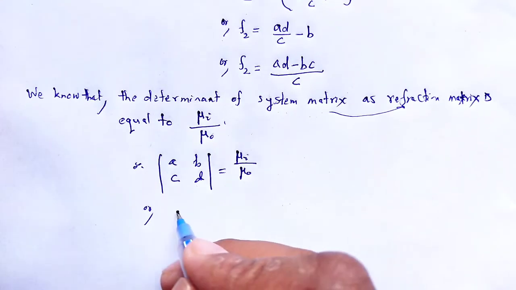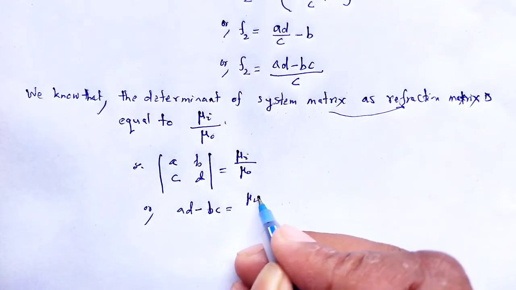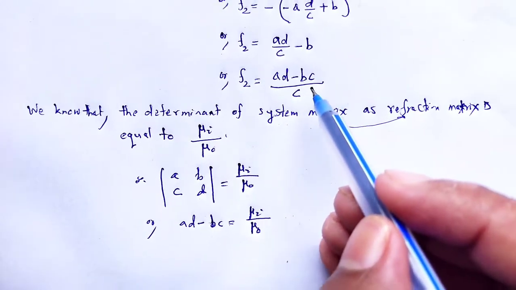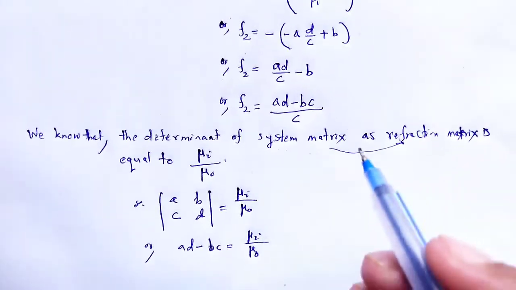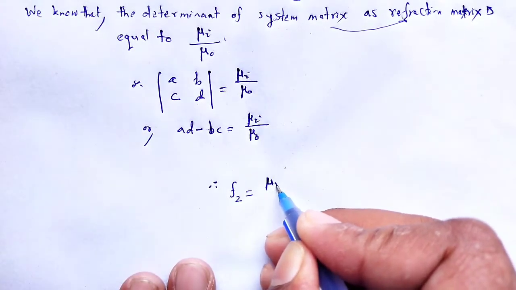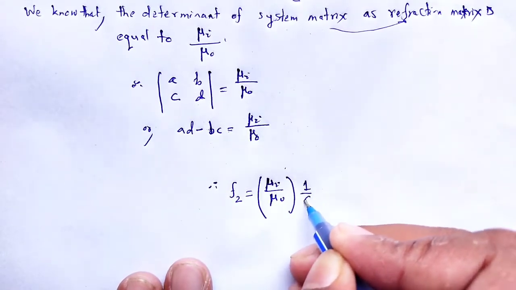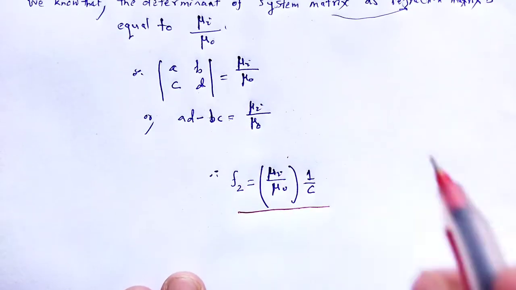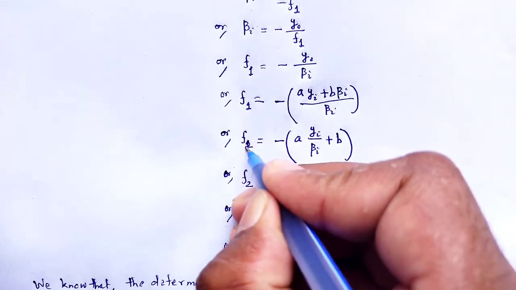Now solving the determinant, AD minus BC is equal to mu I divided by mu O. In place of AD minus BC we substitute mu I divided by mu O, into 1 by C. Look here, that is F1, not F2.